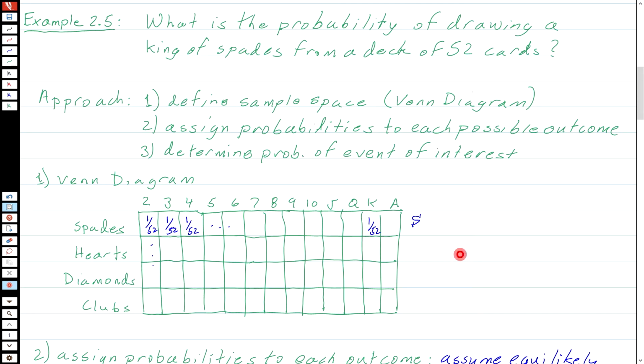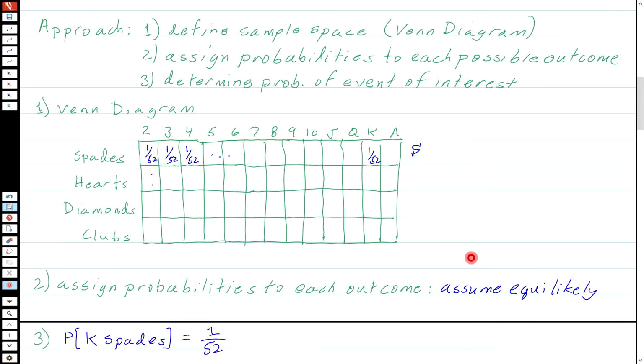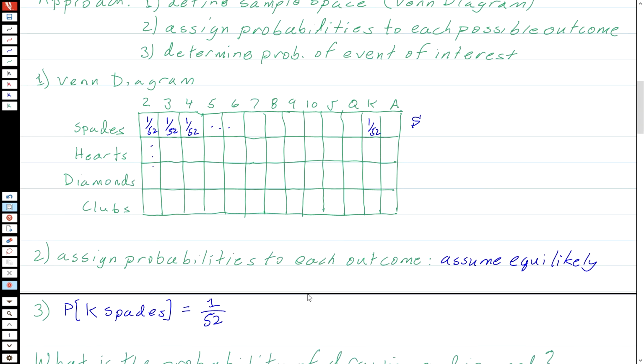And that makes use of that first interpretation, equally likely outcomes. So we can assign probabilities to each outcome, and each of these blocks has probability 1 over 52. And therefore, the probability of drawing a king of spades is just the probability of my dart landing in this block here, which has area or probability of 1 over 52.